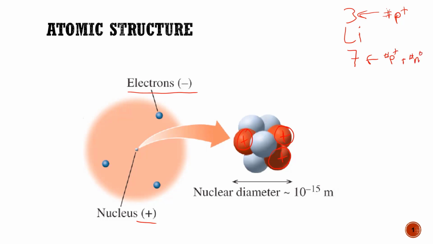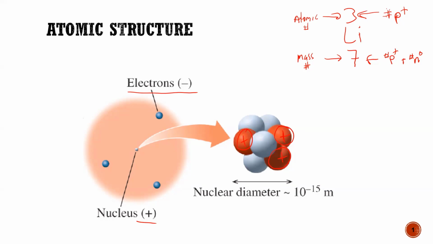We'll see later that the first number is referred to as the atomic number, and this number is referred to as the mass number. I'm getting ahead of myself, but basically this is the basic structure of the atom and the subatomic particles found in it.